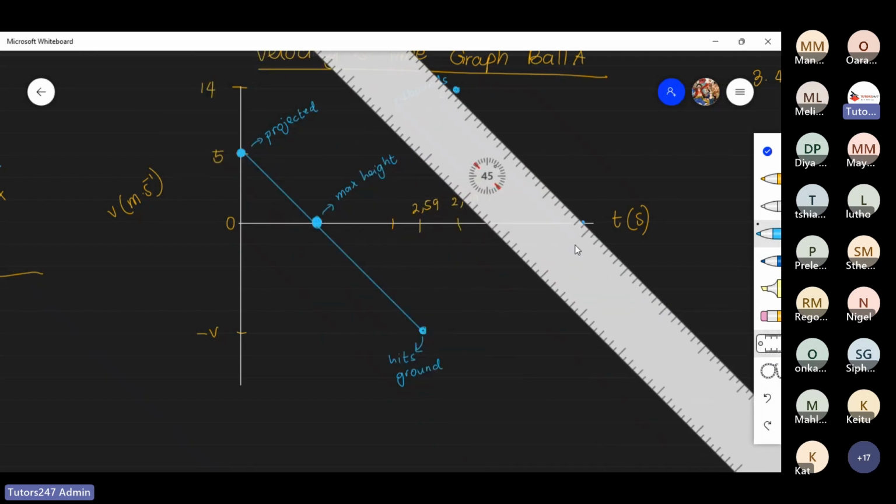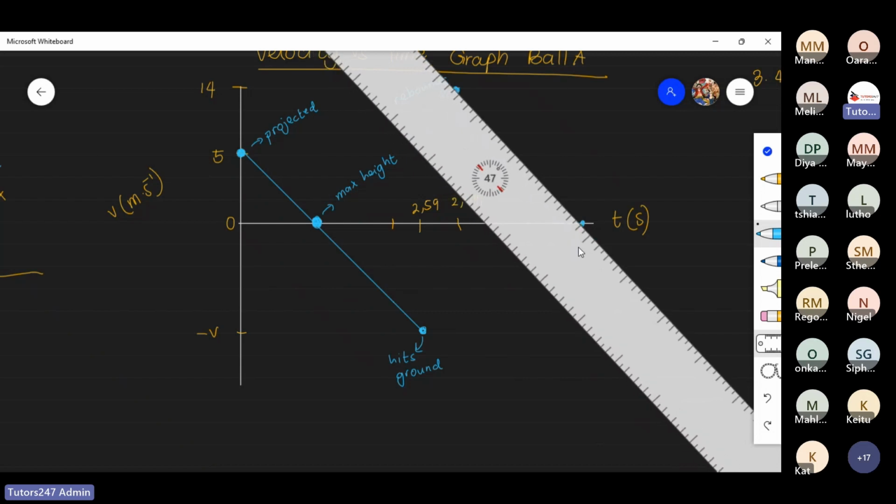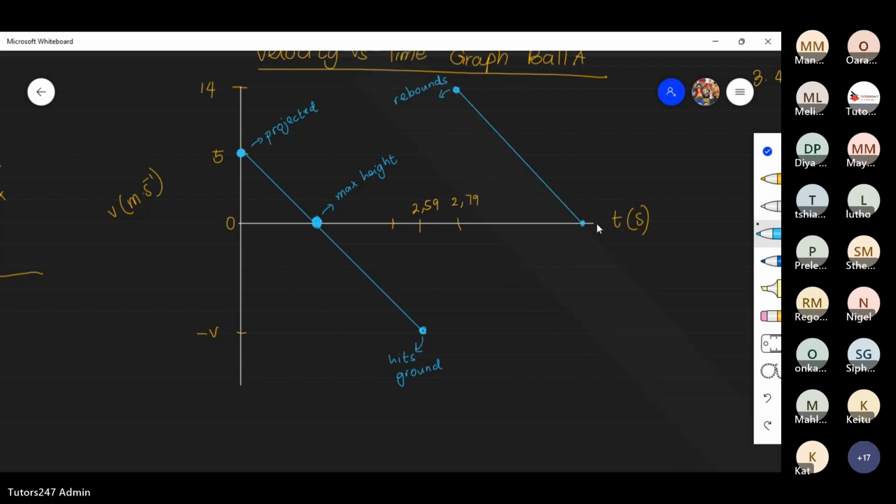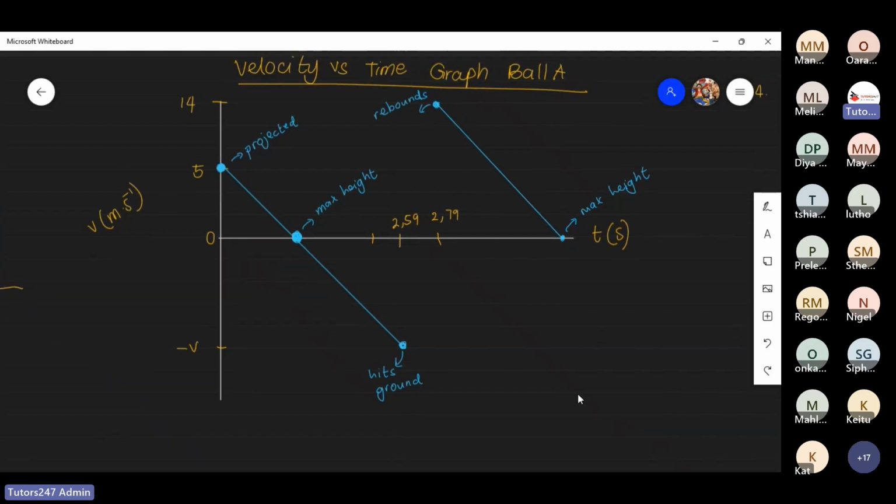So let's plot that. So we connect it, and that is maximum height for the second time. Keep in mind that you don't need to put the labels. That is something additional that I just did. You don't have to do that, okay?